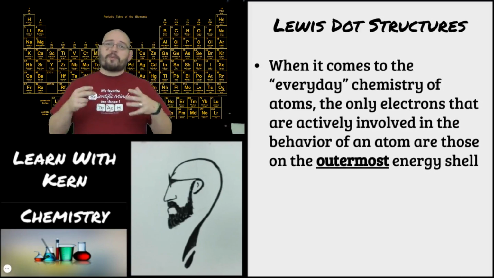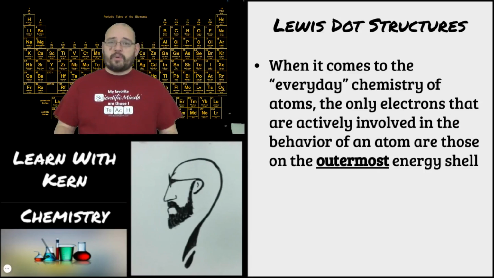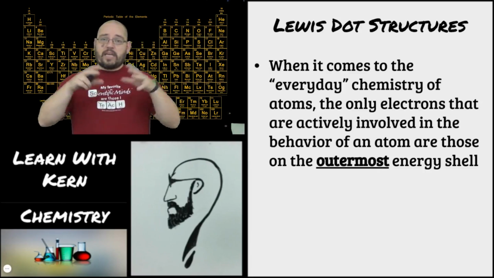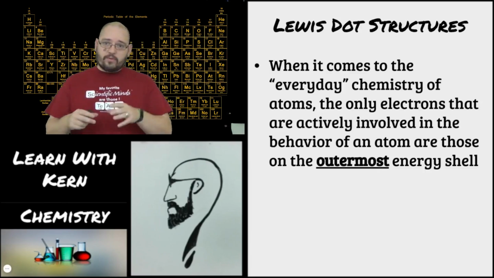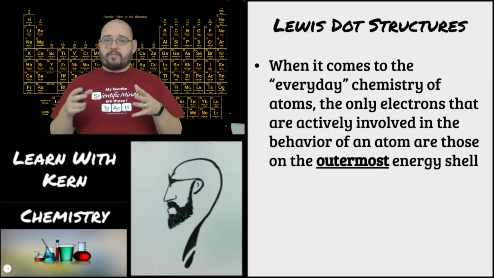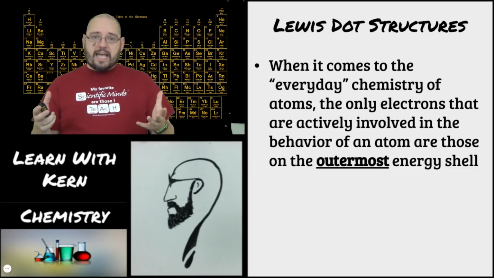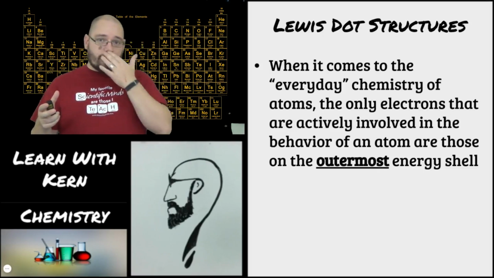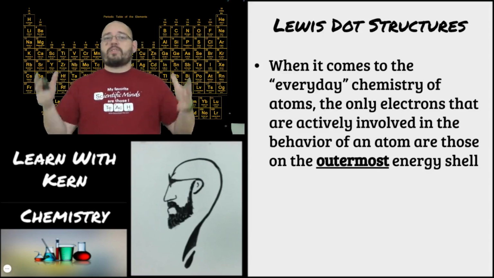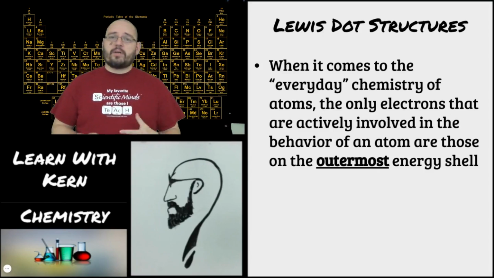When it comes to everyday chemistry, the electrons that we really care about are the ones on the outside, those outermost electrons. The ones on the inside, the inner shell electrons, matter because they affect how those outermost ones behave. But the ones that actually do the reacting, the ones involved in the chemistry between atoms, are the ones on the outside. So we're going to worry mostly about the ones on the outside.